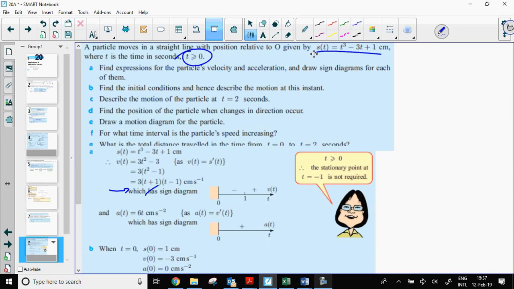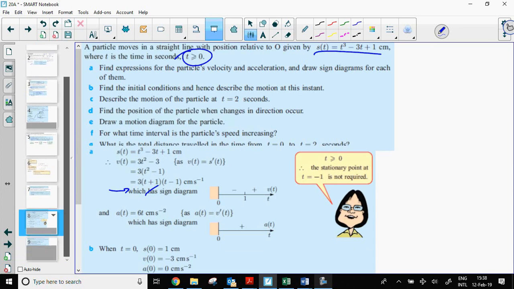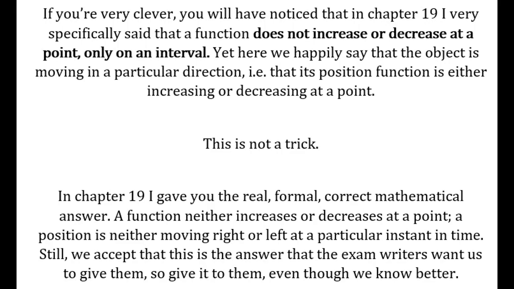Part C. Describe the motion of the particle at t equals 2. That just means, in a sentence, say what the conditions are when t equals 2. Kind of like what I just said out loud for t equals 0.